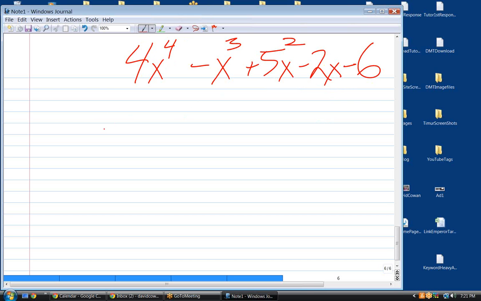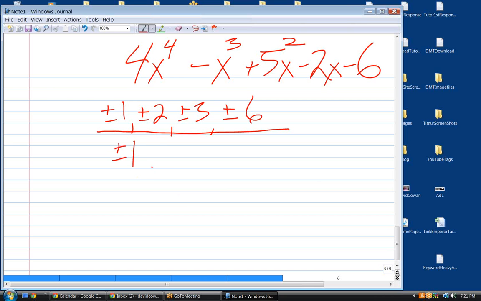So possible numerators? Plus or minus 1, plus or minus 2, plus or minus 3, plus or minus 6. Denominators. Plus or minus 1, plus or minus 2, plus or minus 4.